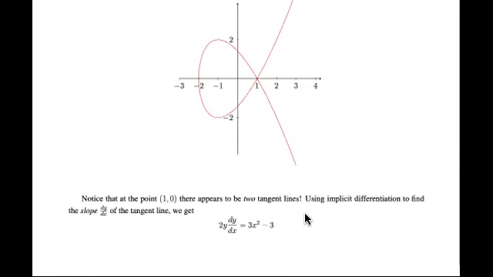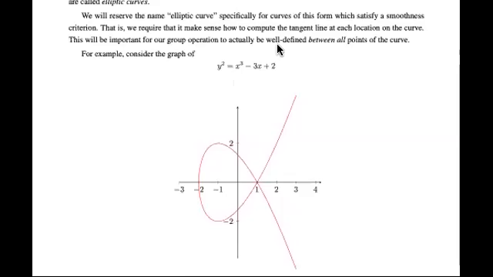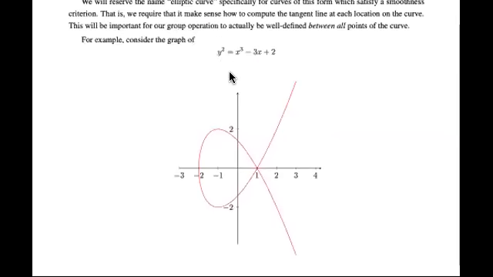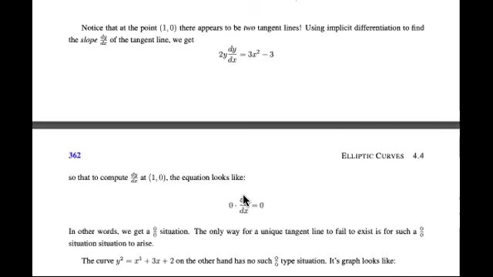Okay, and this is the graph of this, and we can use implicit differentiation. So we take a derivative of both sides with respect to x. It looks something like this, the chain rule, 2y times dy dx right here. We get something like that, and we can solve for dy dx.